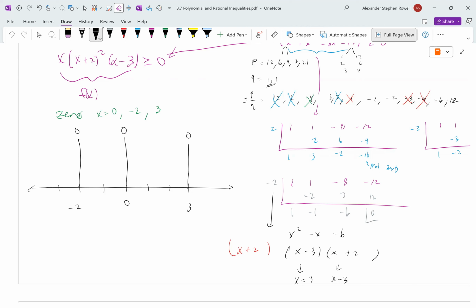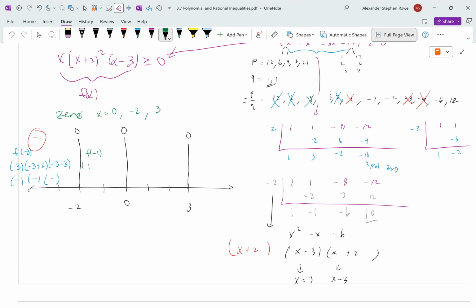What's your favorite number less than -2? F of -3 would be -3 times (-3 plus 2) times (-3 minus 3). I would have a negative times a negative, which would be what? Negative. So everywhere in that interval, it's negative. Okay, what about between -2 and 0? Yeah, there's not too many options here, right? F of -1.